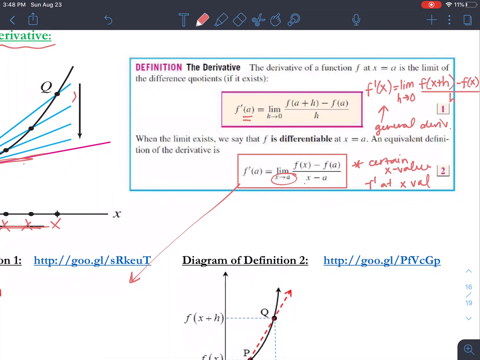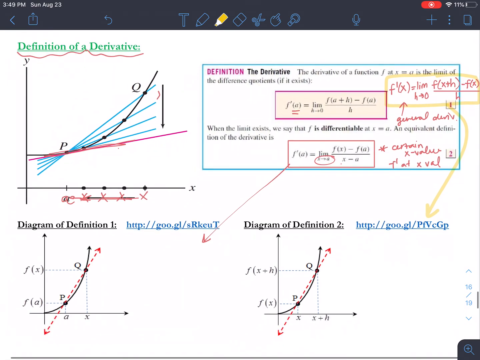This definition right here, I'll highlight in yellow. That guy is going with this Google link right here. So we're going to see in a second what these look like more visually. Here's what's going on. The only difference with that x plus h business and h approaching 0, here's what I want you to imagine.